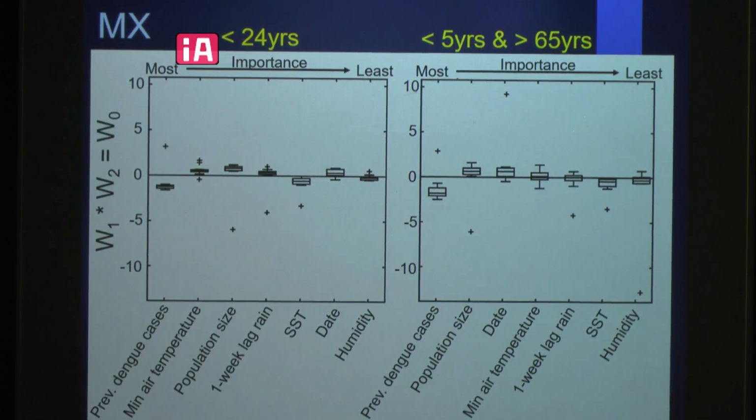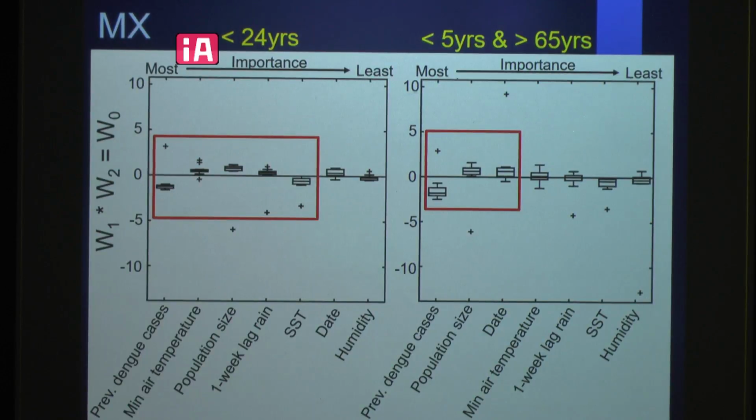And just to summarize the results of this part of the objective and these first 2 models: for those younger than 24 years old, the model identified 5 variables as the most influential. These are a combination of demographics, which are population size and previous dengue cases, and environmental variables, which include sea surface temperature, air temperature, and precipitation.